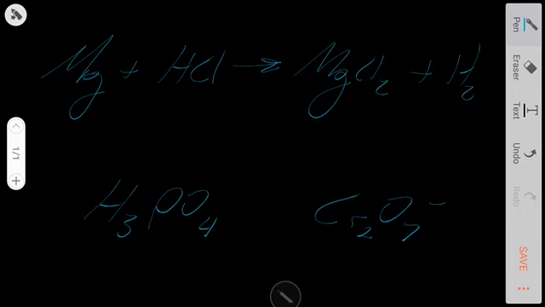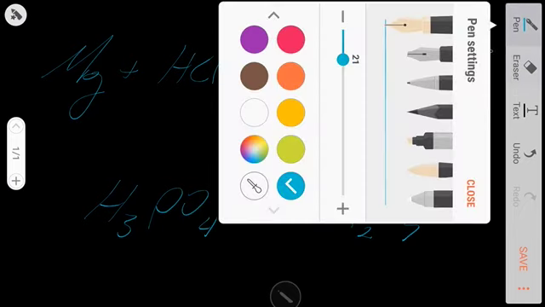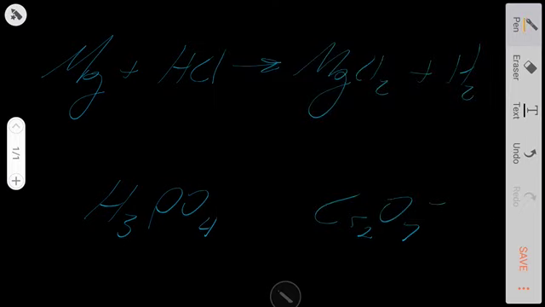Fantastic. So let's look at both of these. Hydrogen is always going to be +1, right? And oxygen is always -2.